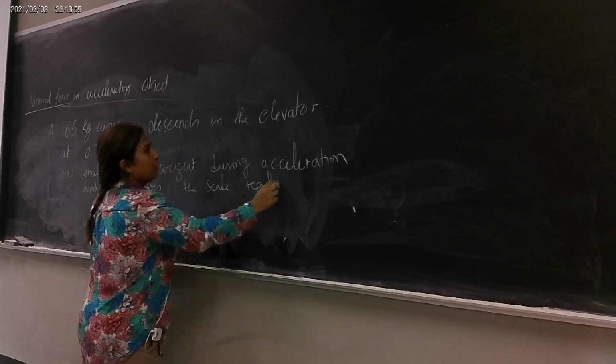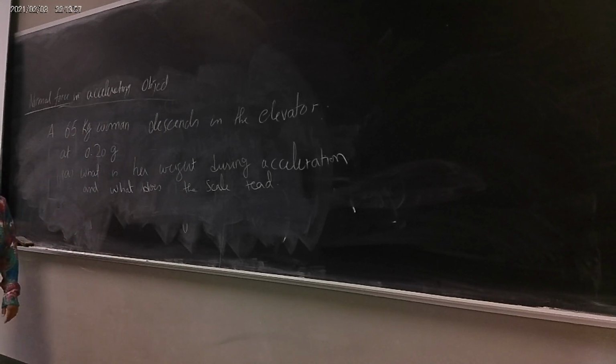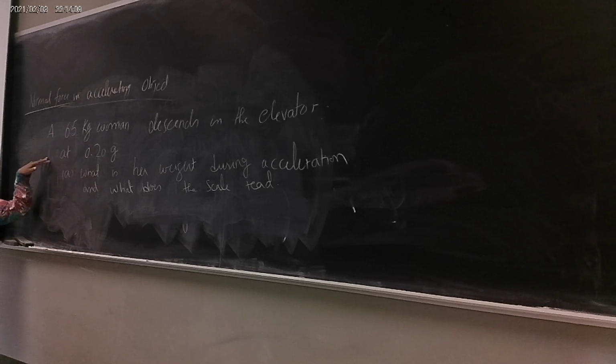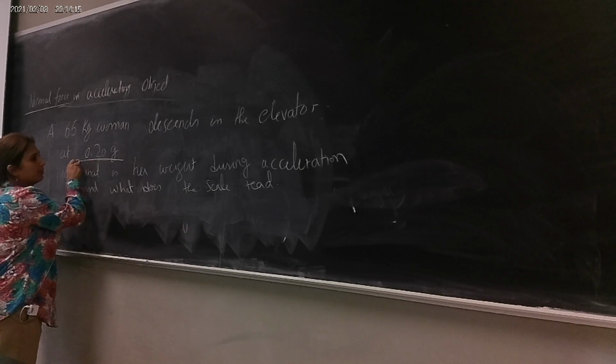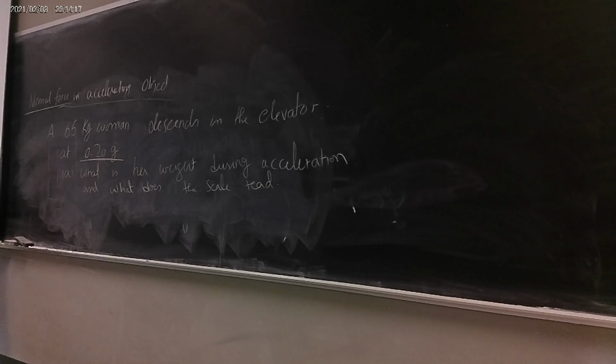So she is stepping on a scale placed on the floor of the elevator. Her mass is 65 kilograms, and the elevator is descending, meaning it's going down, at the rate of 0.2 g. What does that mean?